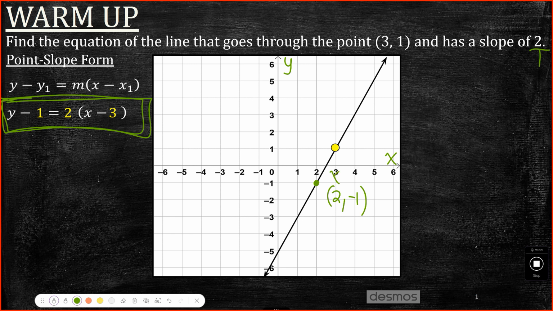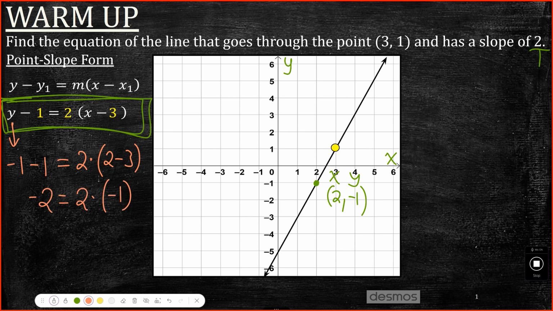So y is negative 1, and negative 1 minus 1 has to equal 2 times (2 minus 3), and it has to be true. Negative 1 minus 1 is negative 2, and 2 times negative 1 is negative 2. So negative 2 equals negative 2.